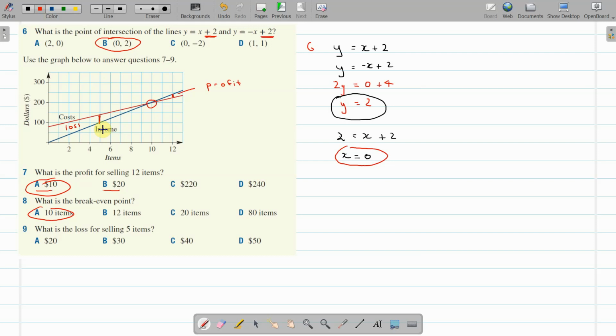The loss looks like it's a bit less than 50, I'd say. Income is right on that line, and it doesn't quite go to, that's 100 and that's 150, and the gap is not quite 50. It's close to 50, so I'd go 40.